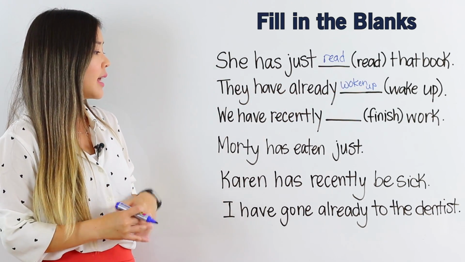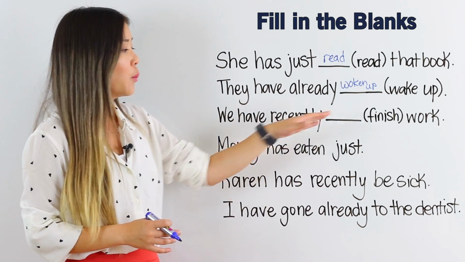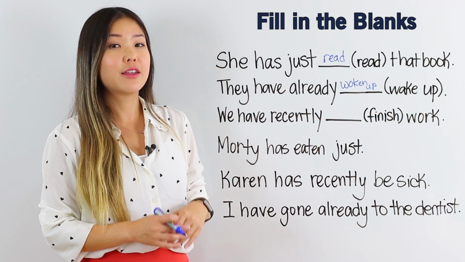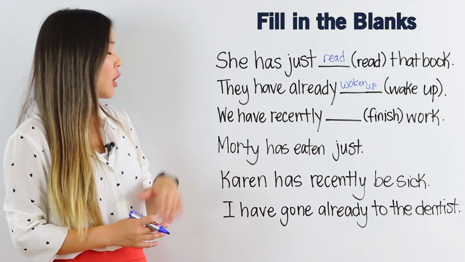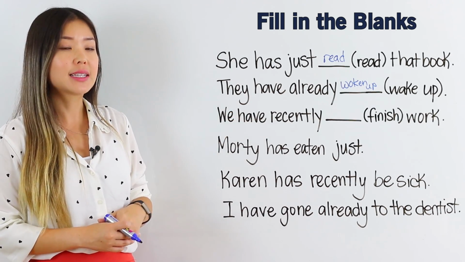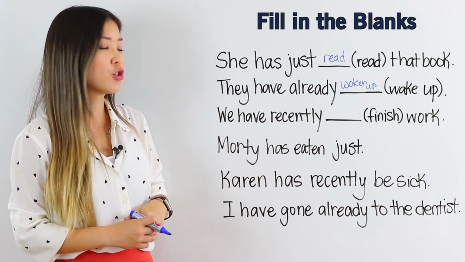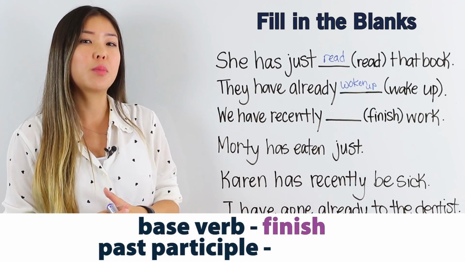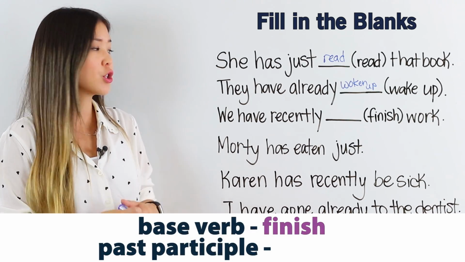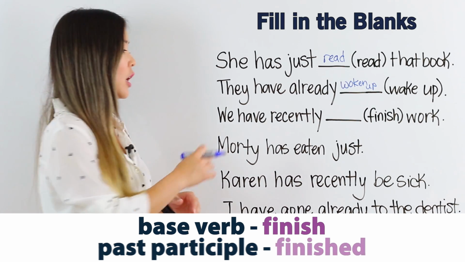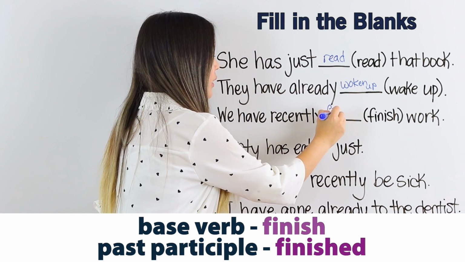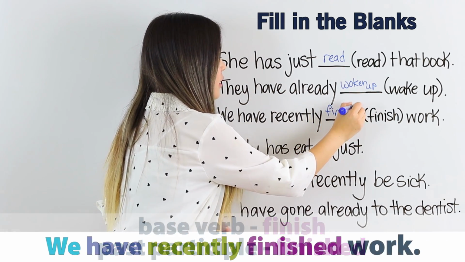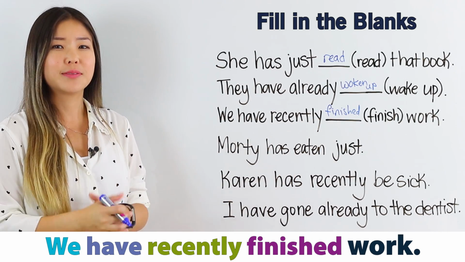The next sentence says, we have recently blank work, and the verb is finish. We have, that's correct, and we have the word recently to show when the action finished. Now we need to find the past participle of the verb finish. The correct answer is we have recently finished work.